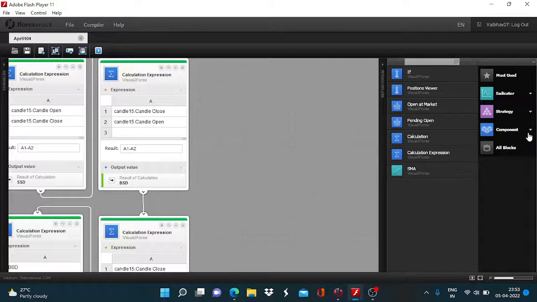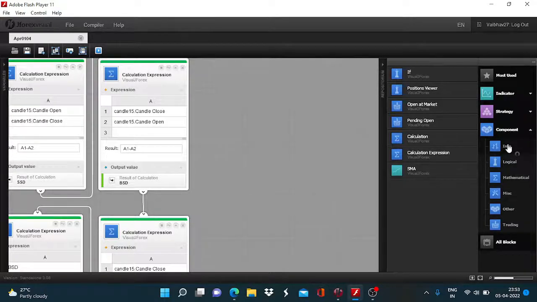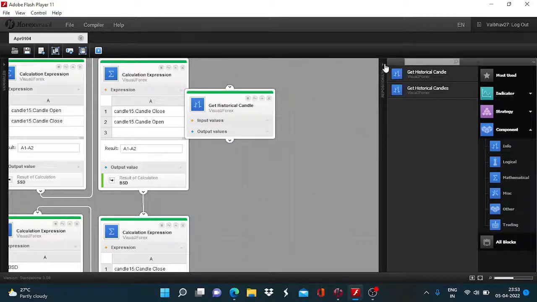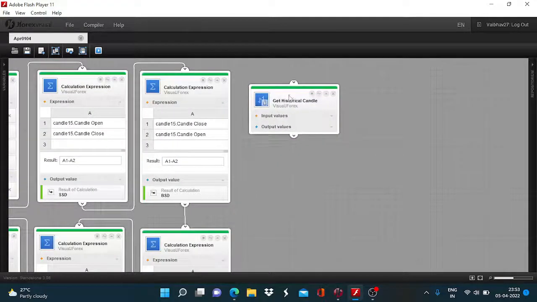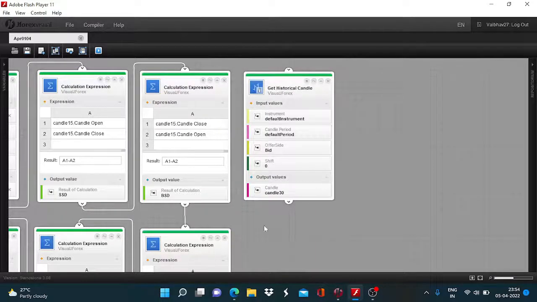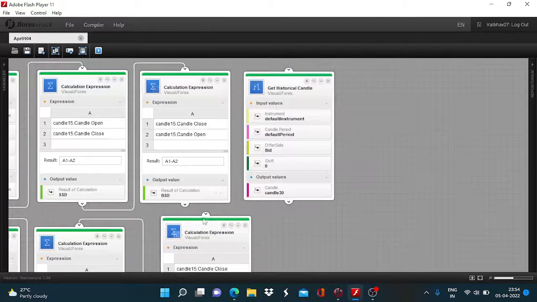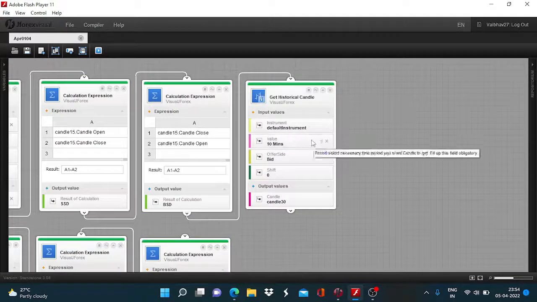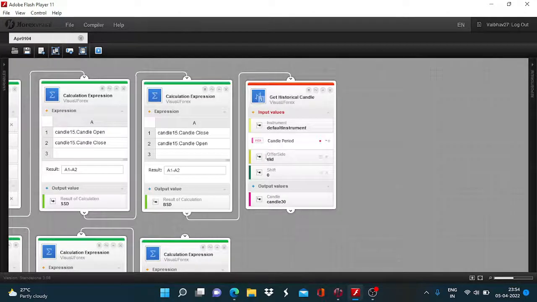So for that, we are going to need the info component, get historical candle. Okay, I will change this candle period to hourly.